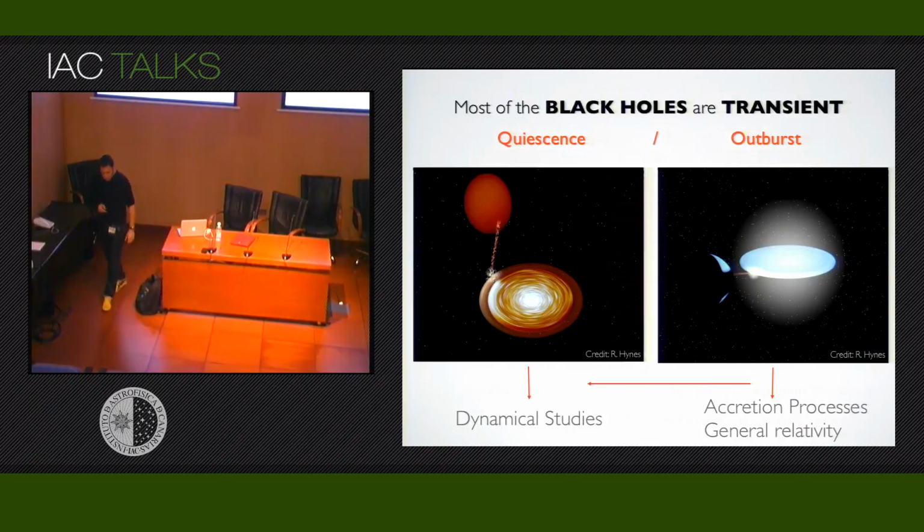I'm going to talk about systems in outburst. They spend most of their lives in quiescence, but every year, every decade, every century maybe, they go into outburst. And when they do, the X-ray luminosity of these systems increases by 6-7 orders of magnitude.